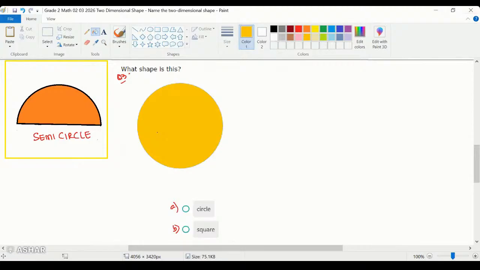Is it a square? We know square has 4 sides. Can we see 4 sides in this shape? Perfect. Thank you, May. This would be a circle.